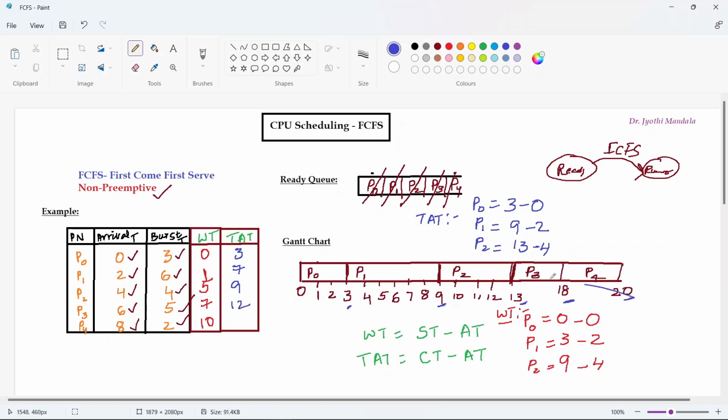And P4, 20 minus 8, which is 12. Sorry, I think 20 minus 8 is 12, not 10.